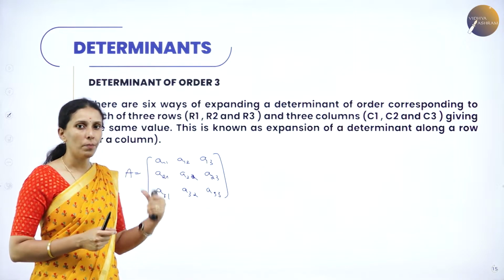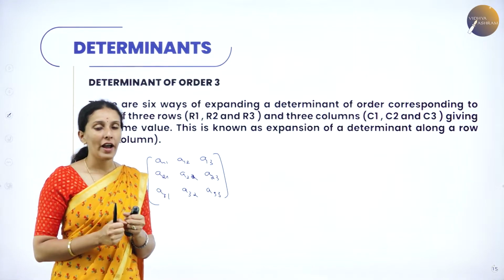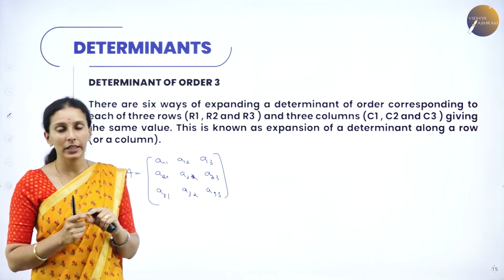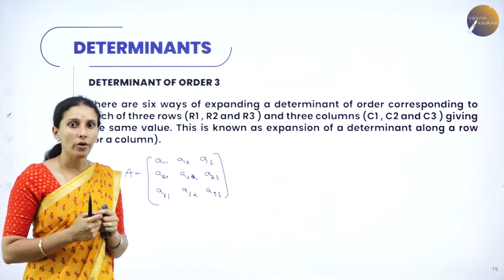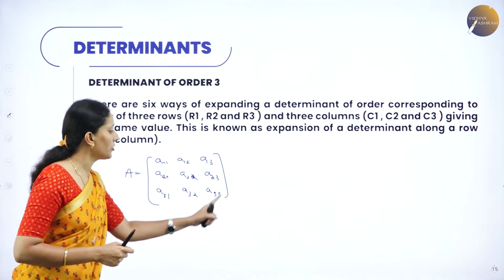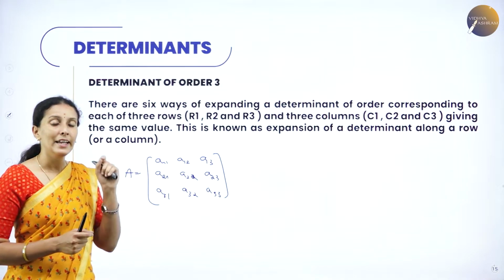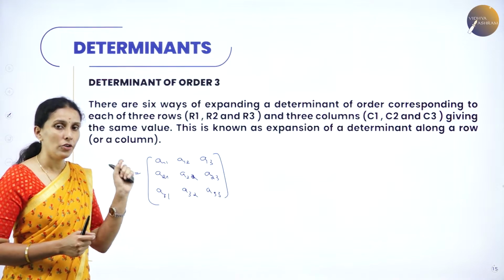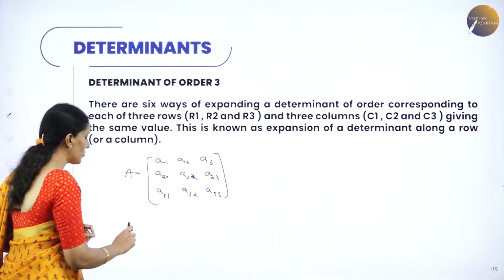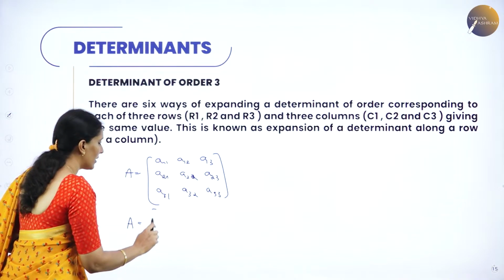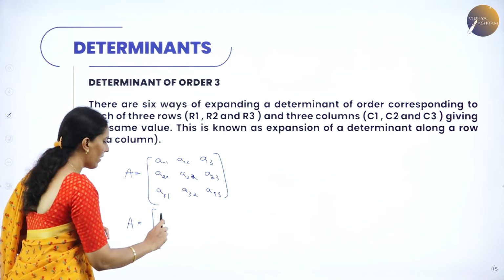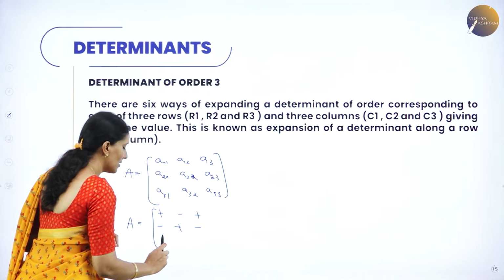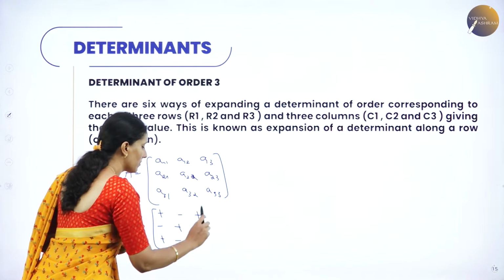So this is also possible by noting the exact sign to expand the value of the determinant with any row or column. So here for each row and column there is a hidden sign, that is a position sign, which is important to find the sign. So for a matrix A of order 3, the sign is defined in the form of plus minus plus, minus plus minus, next plus minus plus.